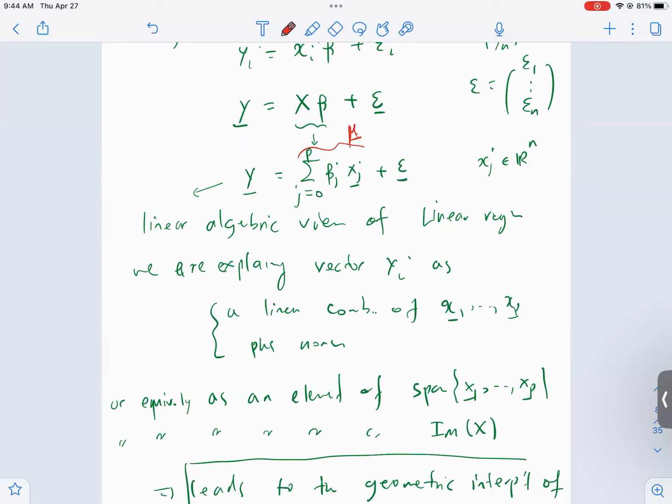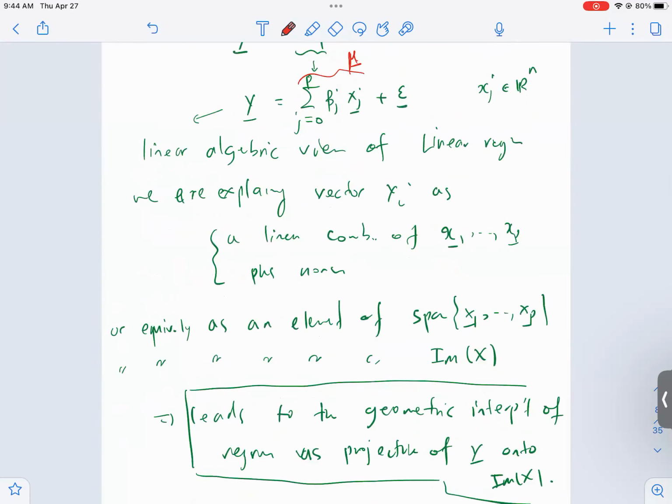This mu lies in the image of x. And there is a part which is noise that causes the entire vector to lie outside the image. And so estimating beta is equivalent to finding this part. So we want to find a vector like that, which is an element of the image of x that's closest to y. The least squares problem is like that.